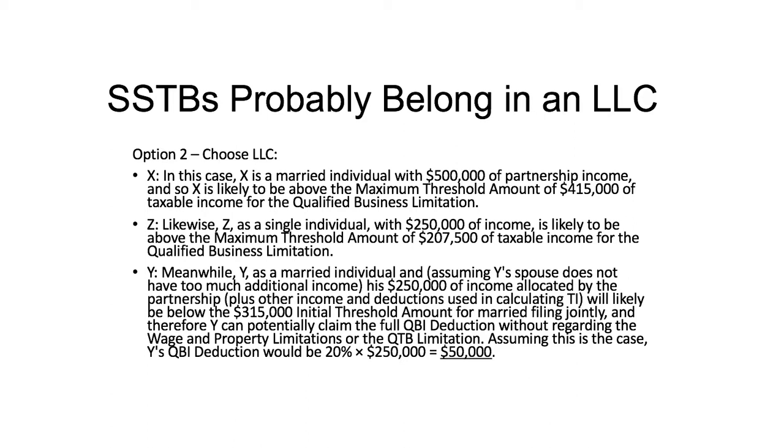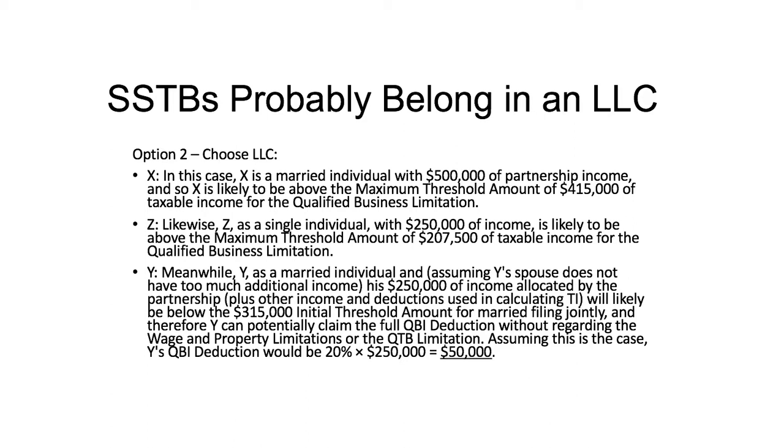But what about Y? Y gets $250,000, and let's assume that Y's spouse doesn't have much additional income. Well, the initial threshold amount was $315,000, and because Y is under it, Y can get that 20% deduction. So operating through an LLC, Y gets to maximize the QBI: $250,000 of QBI times 20% is $50,000.